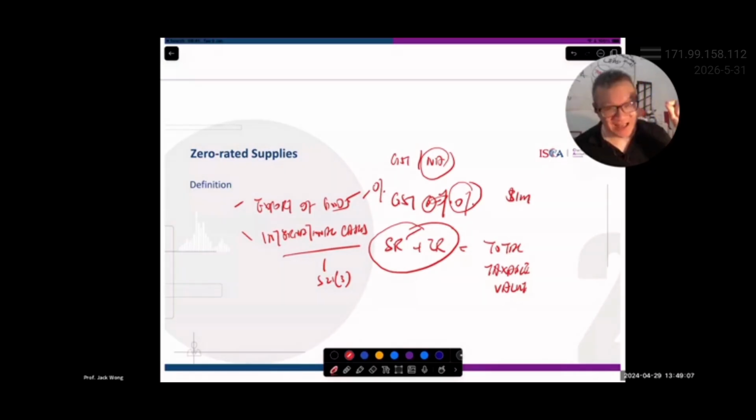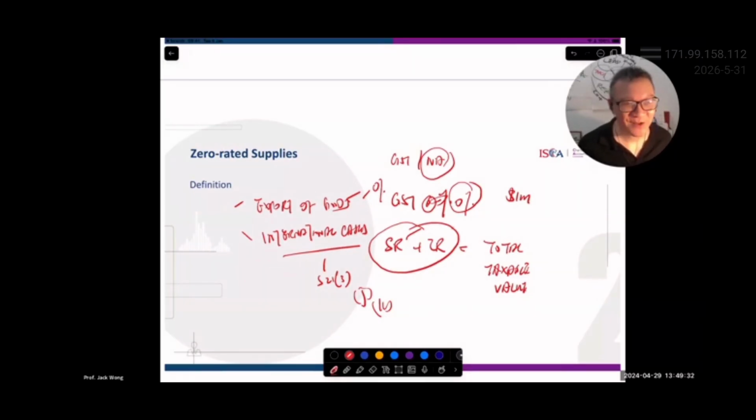And each and every paragraph under 21(3), for example paragraphs J and K, comes with its own conditions. If you can't satisfy the conditions spelled out in these paragraphs, it is not international service, and therefore you cannot apply the zero rate to your supply.